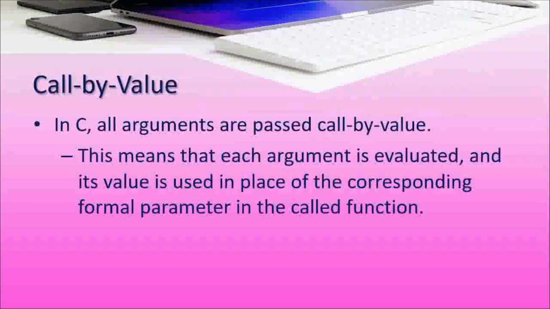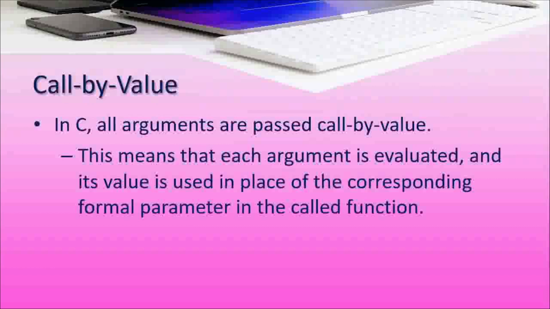Then we said that functions may or may not need some parameters, or arguments. Parameters and arguments are the same. They are to be passed into the function for the proper functioning of that particular function.